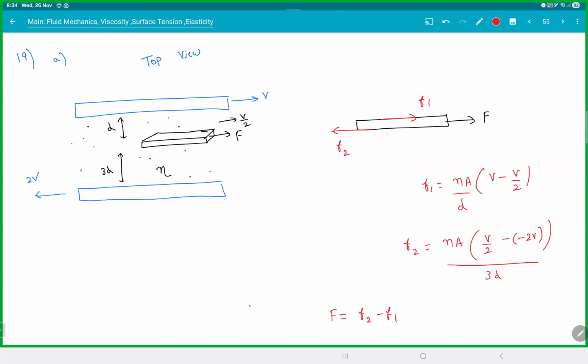Most common mistake: people take F1, F2, both of them backward. That would be a mistake. Clear? Because the upper plate is going faster, the friction will try to oppose this plate and will try to support this. Clear? Not a difficult one, but you should know your formula and you should know the meaning of that. There's a relative velocity.